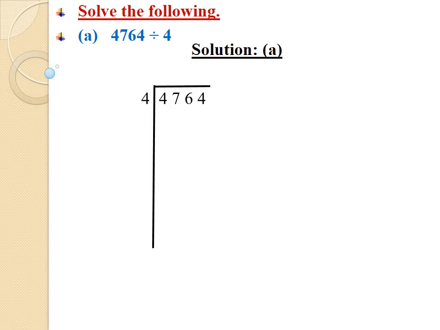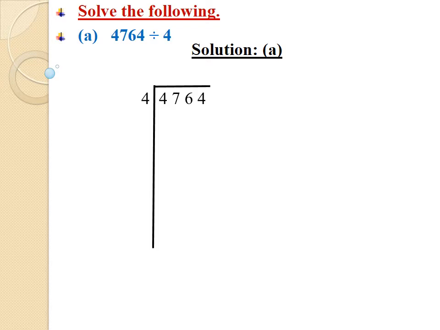So we have to take at a time only one digit, that is 4, and not all the 4 digits. Students, now we have to say table of 4 as divisor is 4, and we have to stop when we get 4. Thus, 4 ones are 4.